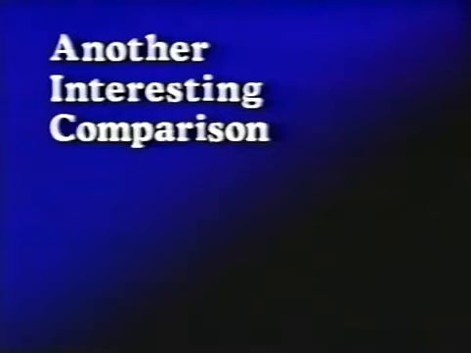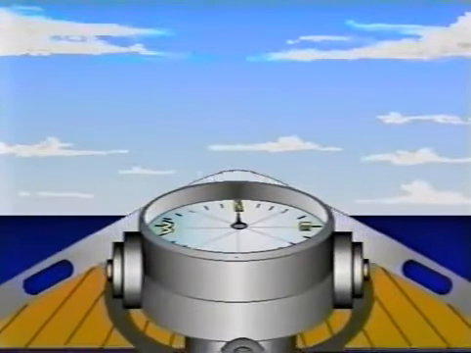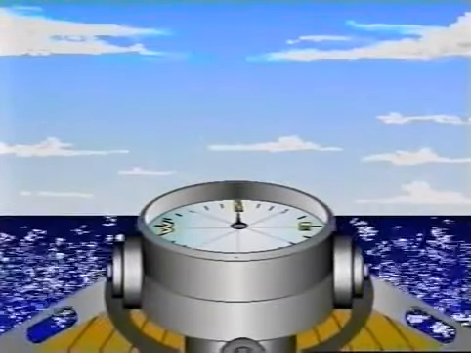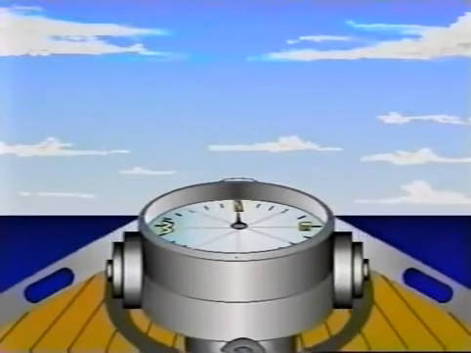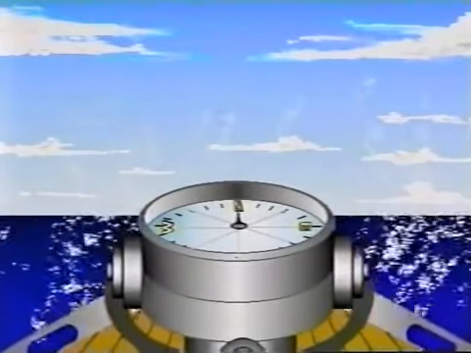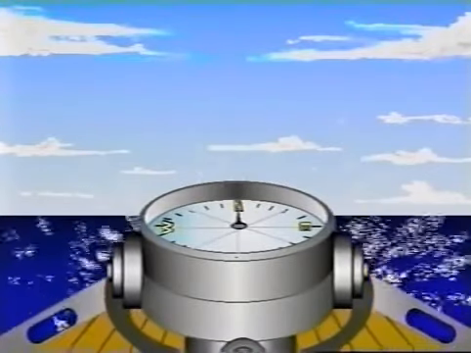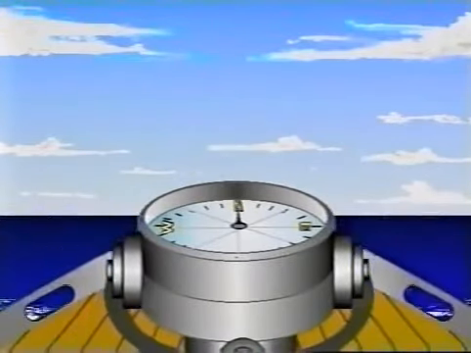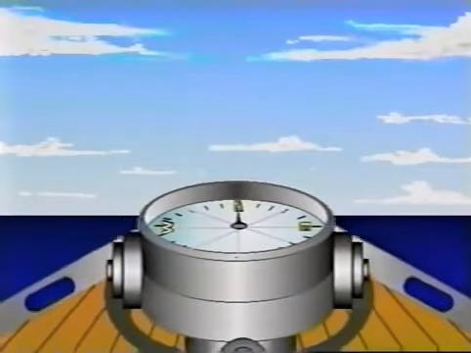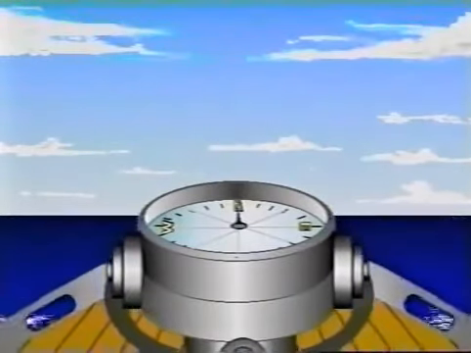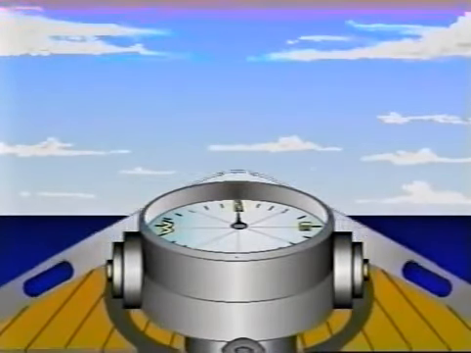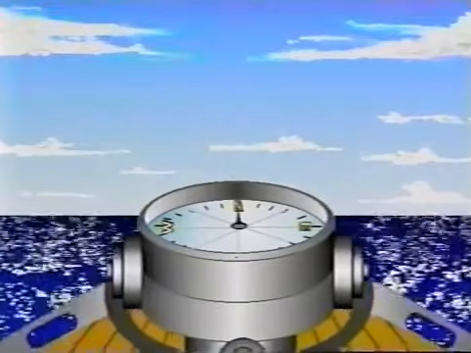Another interesting comparison. As you execute your foot maneuvers, think of your head as a gyro on a ship's compass. A gyro, if you're acquainted with one, remains unaffected by the pitching and rolling movements of a ship. No matter how rough the water or what position the ship may be forced into, the gyro remains parallel with the horizon.